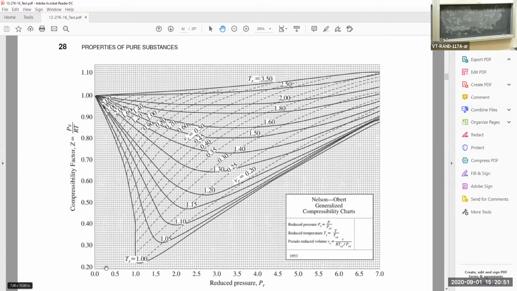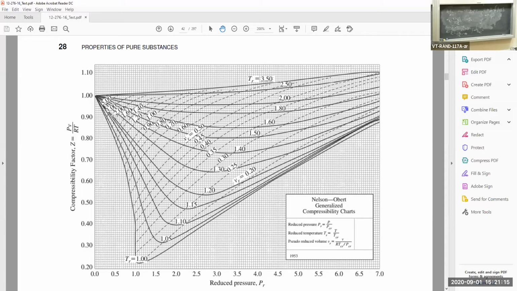So I'm at 0.5 reduced pressure, and I go up to the 1.2 reduced temperature line. Looks to me like I get about 0.9 for Z, somewhere right about here. You could use a pencil and a ruler and probably get a better result.